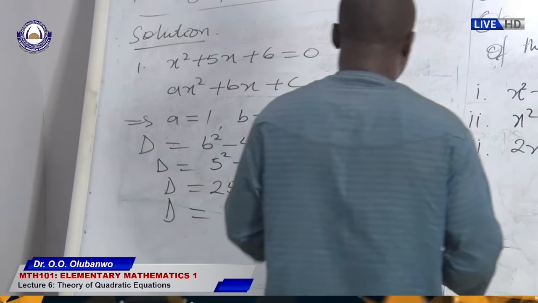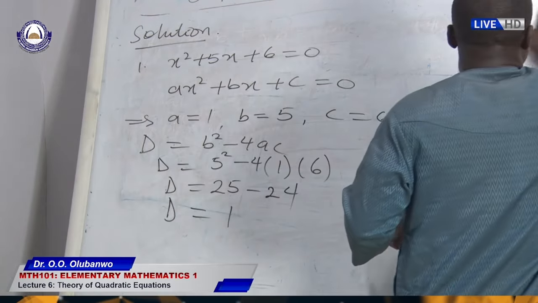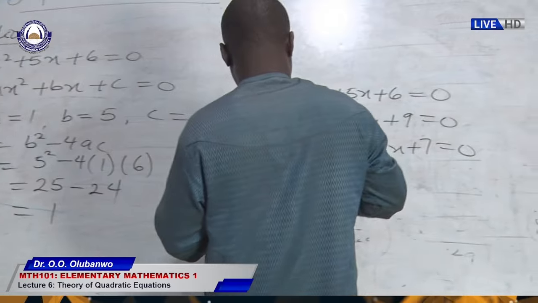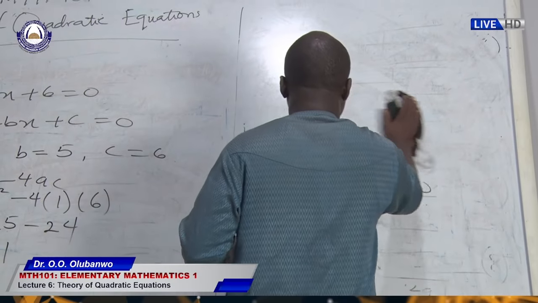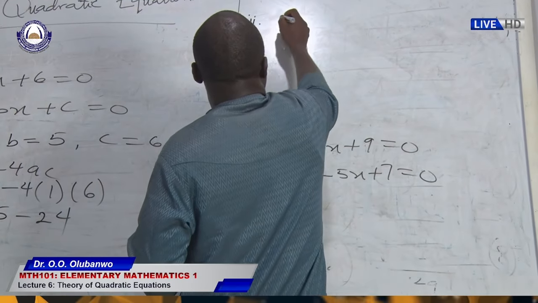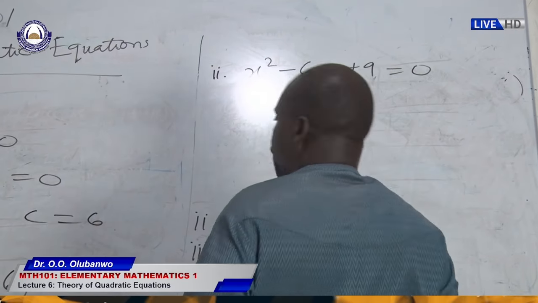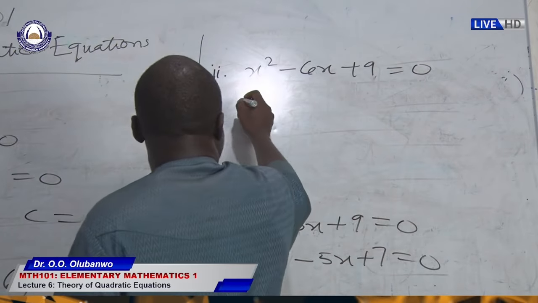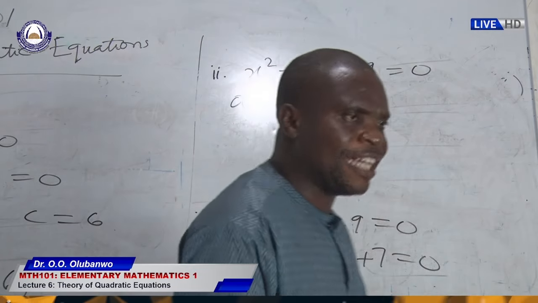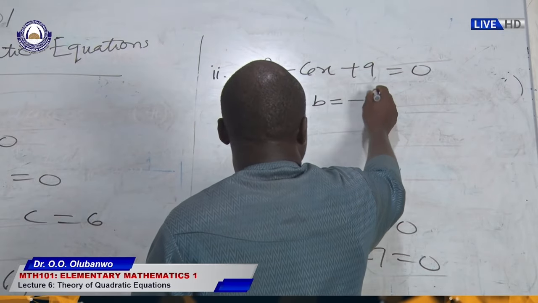Now, other examples. Roman figure 2: x squared minus 6x plus 9 is equal to 0. Following the same principle, our A will be 1 because A is the coefficient of x squared, while our B is negative 6.